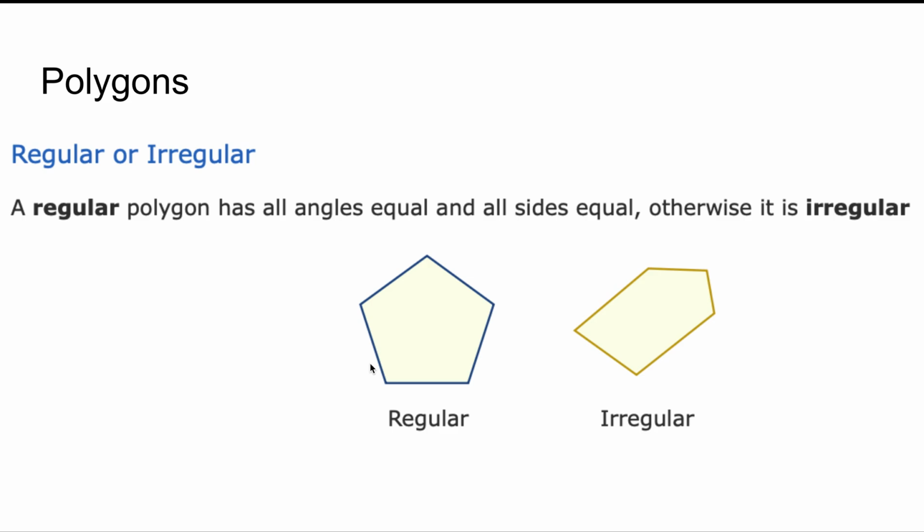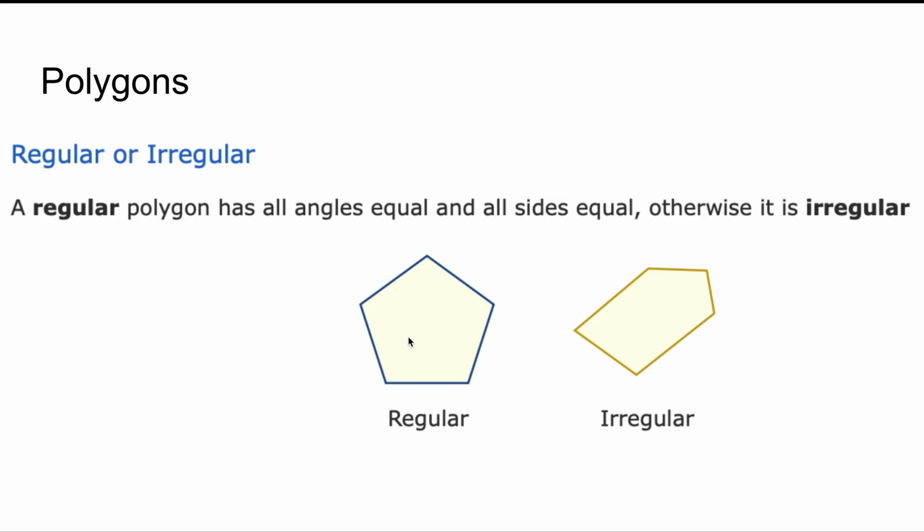Regular or irregular. Regular polygons have all angles equal and all sides, all edges, are also congruent. Otherwise, it's called irregular. So you need to have the same length on all edges, all sides, and your angles have to be all equal. So equiangular and equilateral.